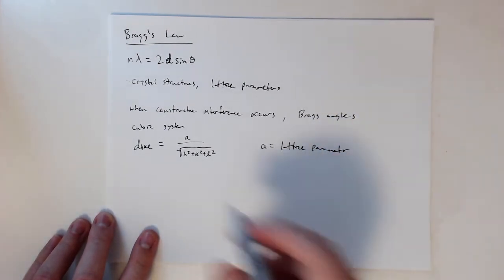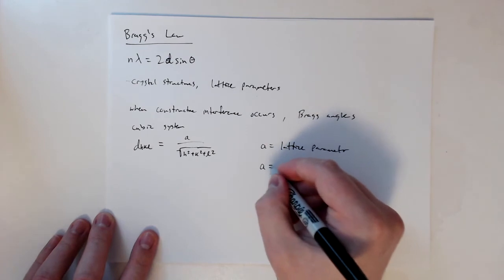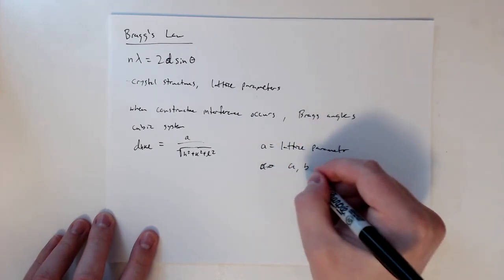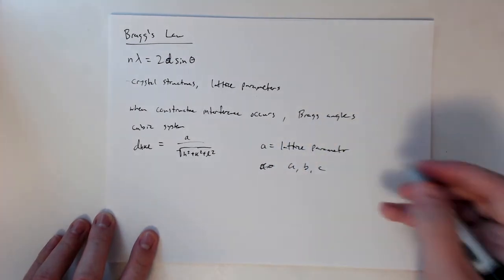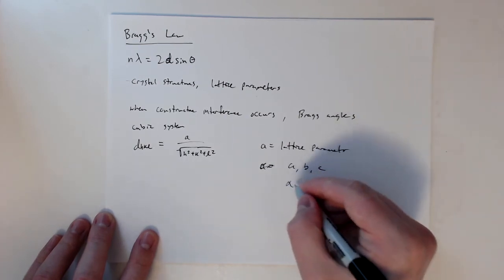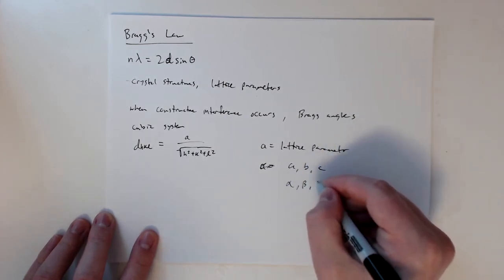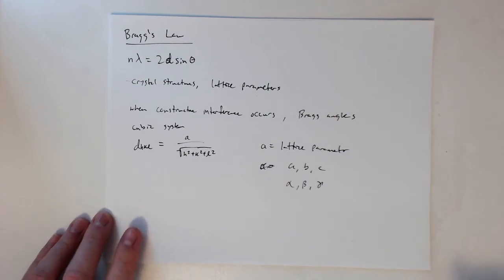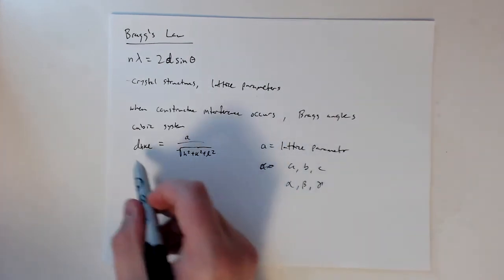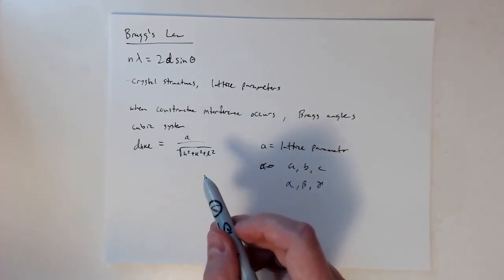And for other systems, we could also get a, b, c, those are all of our other lattice parameters, and we could also get the angles between them as well. But this is just for the cubic system.